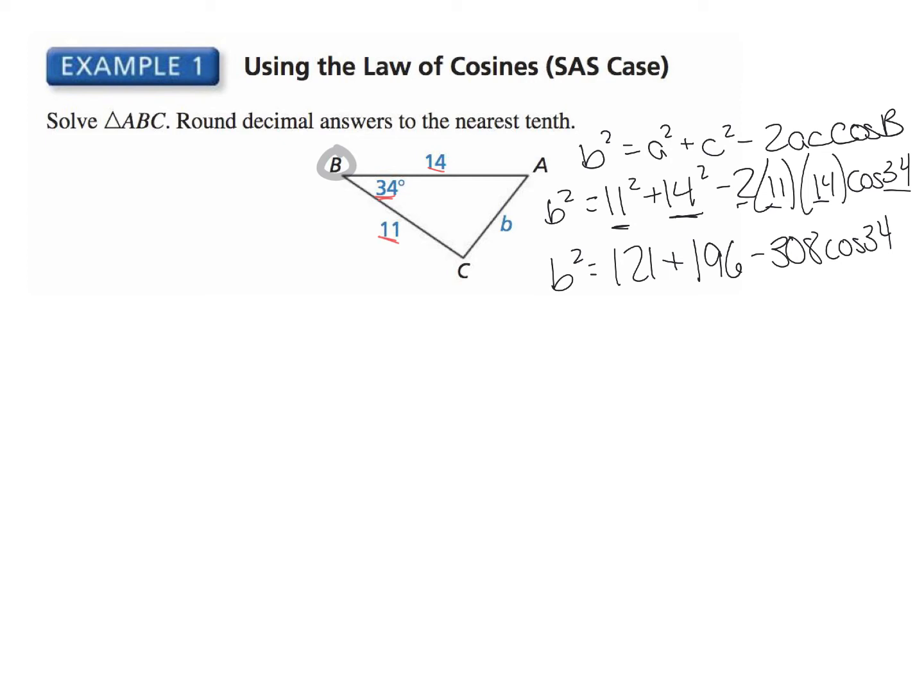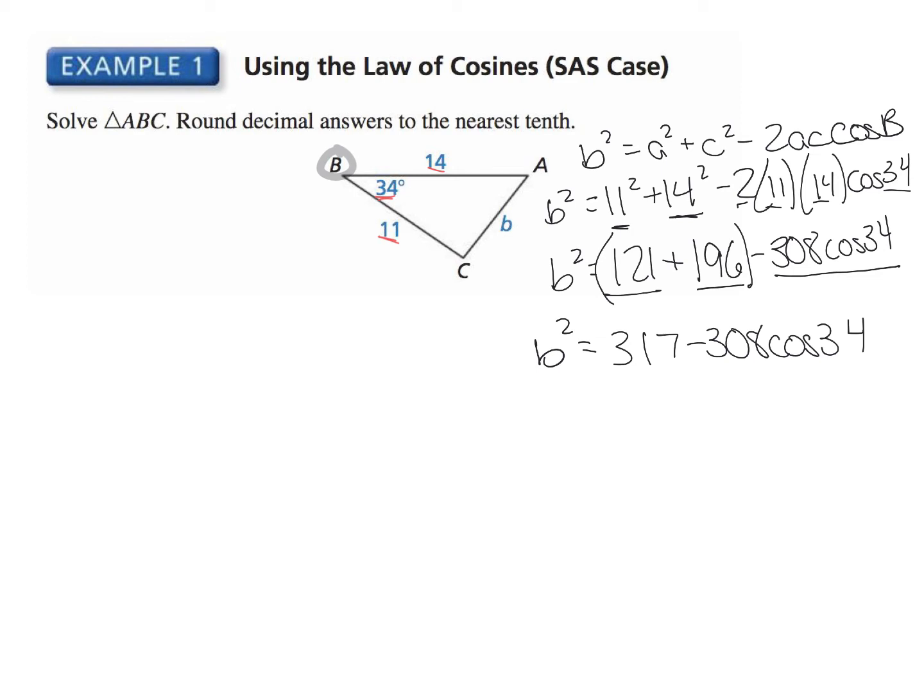Okay, this gets people right here. If you look, this is adding, and then subtracting a big multiplied piece. You need to add these together and then do the second half. So b squared equals, what is that? 317 minus 308 cosine 34. Now is when I recommend that you plug it into your calculator.